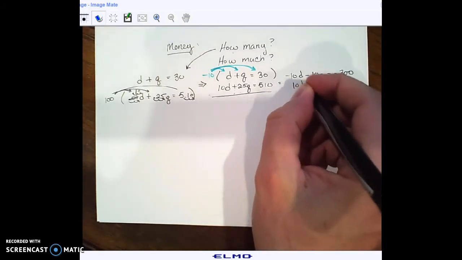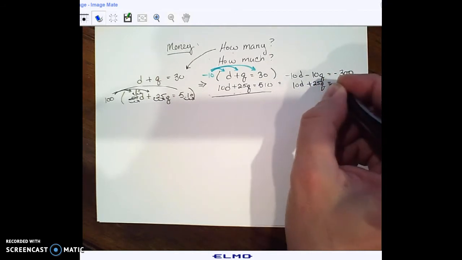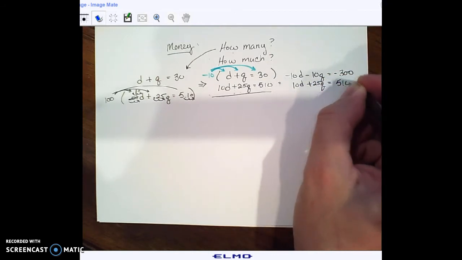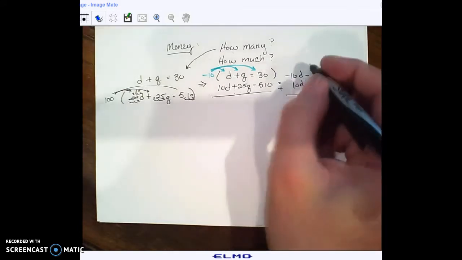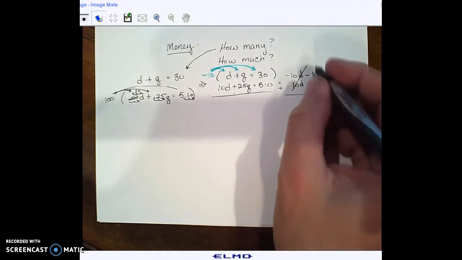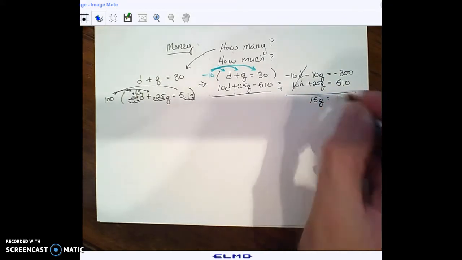Well, we have 10D plus 25Q is equal to 510. Well, addition means I add my lines together. My D's, of course, are going to cancel. And that's going to leave me with 15Q, or 15 quarters.